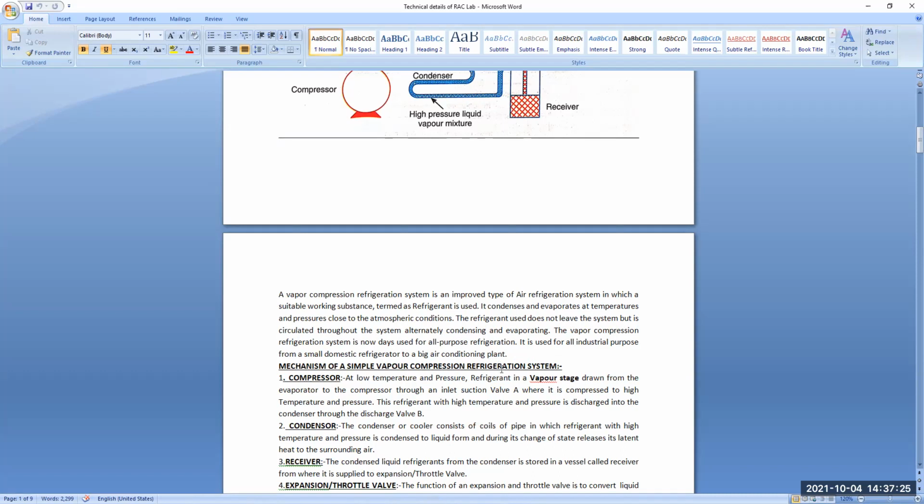So the essence of this paragraph is that we are using vapor compression refrigeration almost everywhere in our refrigerators, and we are using a refrigerant, which is a liquid of different properties, other than the air in our old air refrigeration system.